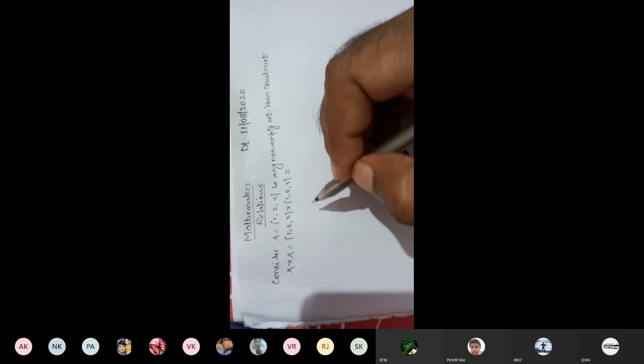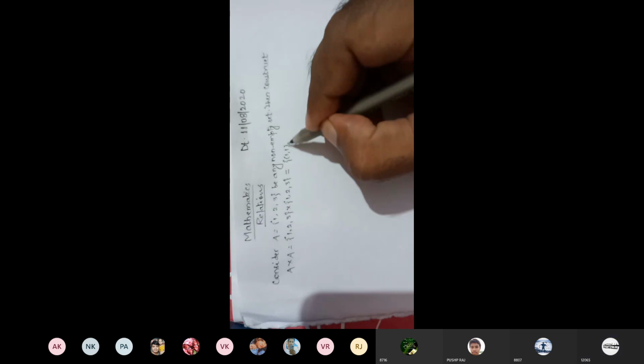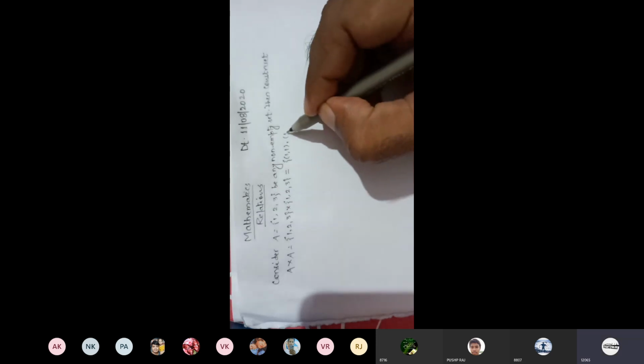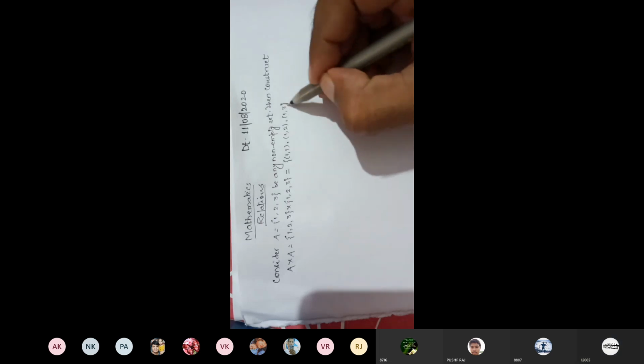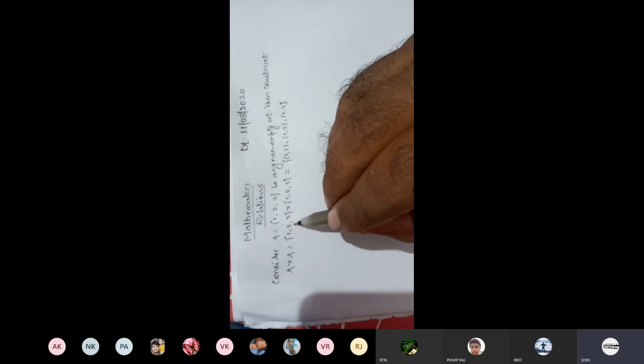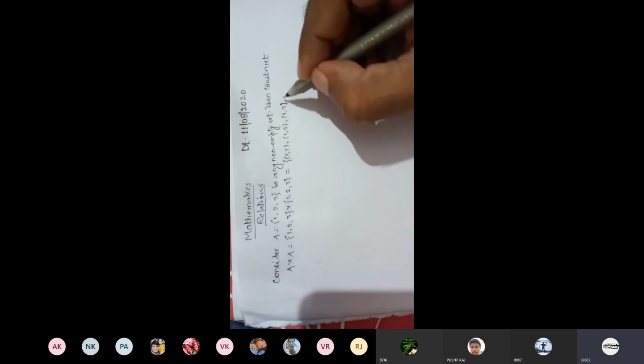What is a Cartesian product? A Cartesian product is also a set whose elements are taken as ordered pairs. That means 1, 1 is the first element, then 1, 2, 1, 3. Then make pairs with 2: 2, 1, 2, 2, 2, 3.